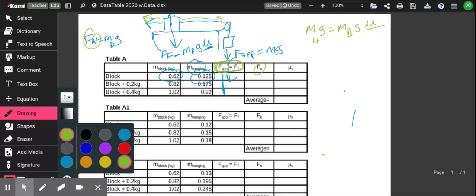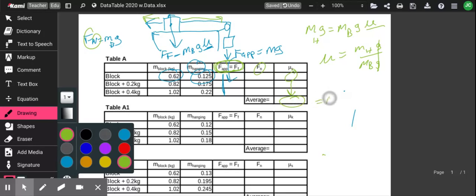So mu is equal to m hanging times gravity divided by m block times gravity. The gravities cancel out, so the hanging mass divided by the block's mass is equal to mu. So you can get that value here. And again, if you let Excel or Sheets do the heavy lifting, it will autofill down for you. Then we take the average.